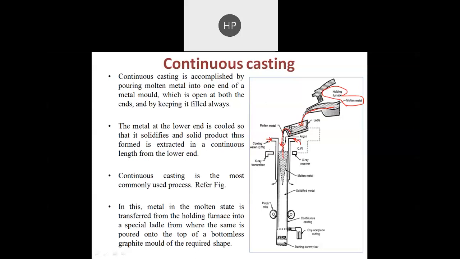And what will that cooling water do? The cooling water will take all the heat of the molten metal.